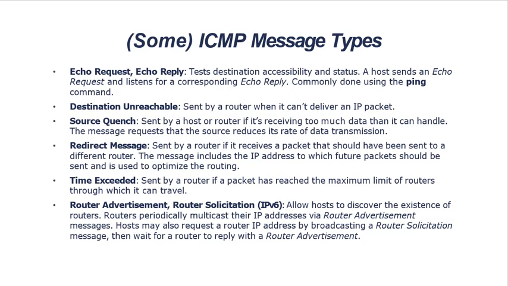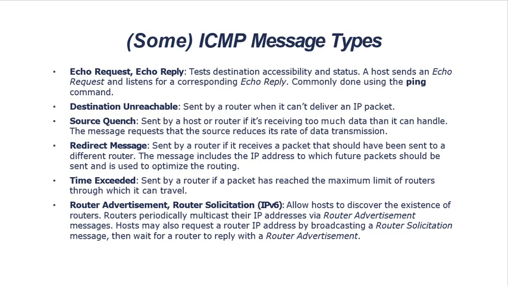And if that's exceeded, it's going to drop that packet. When that occurs, ICMP is going to send this message back to the source, letting them know that that limitation has been exceeded. And this is to limit the lifespan of a packet on a network. So that's the time exceeded ICMP message type.